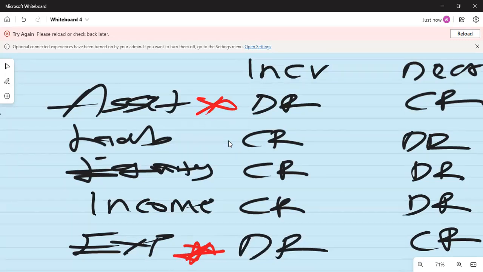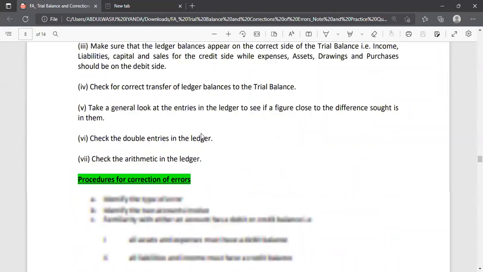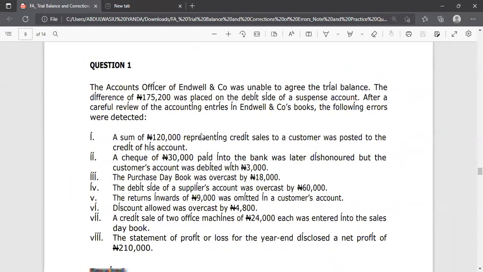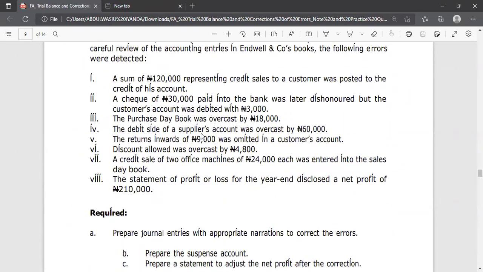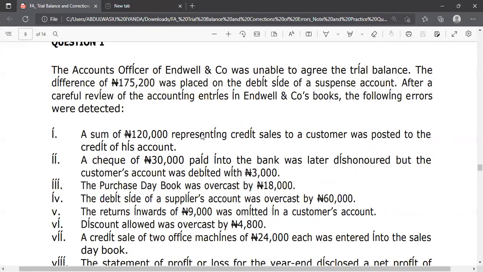If the trial balance does not agree, like I informed earlier, the examiner can give us a difference. The trial balance does not agree as a result of these differences. So now I need to prepare the account so that we are able to correct the errors. Now look at this question 1.